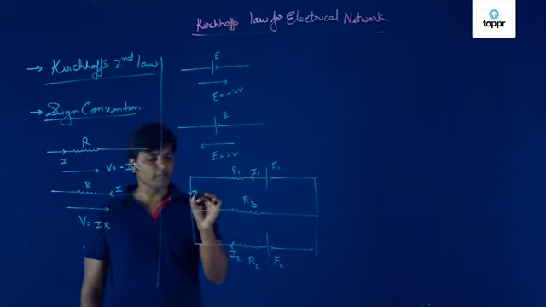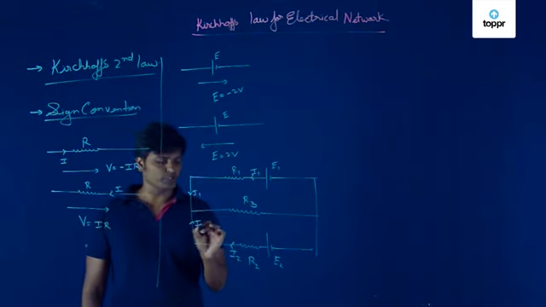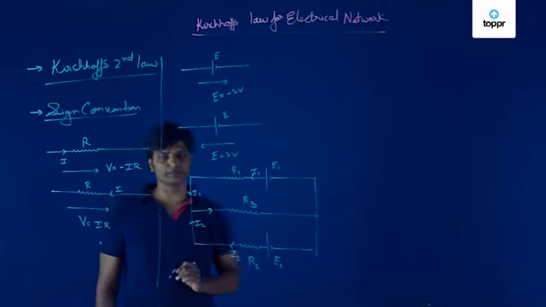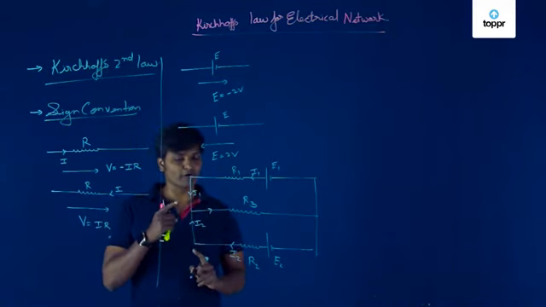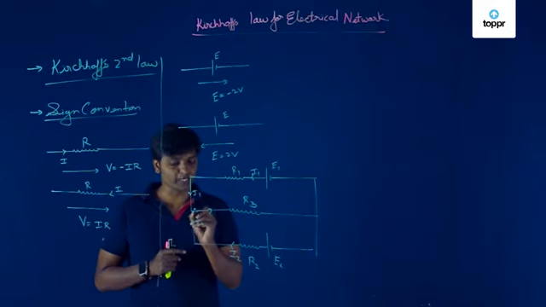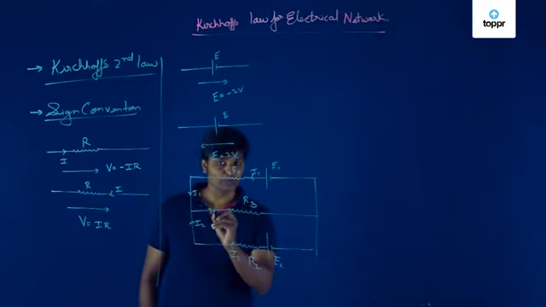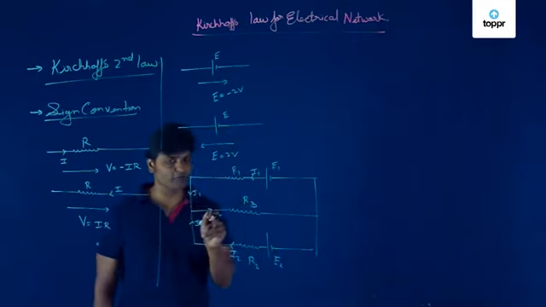This current I1 will approach here, I2 will approach here. According to Kirchhoff's first law, the amount of current coming toward the junction will be equal to the amount of current moving away from the junction. So, the current moving away from this junction will be equal to I1 plus I2.